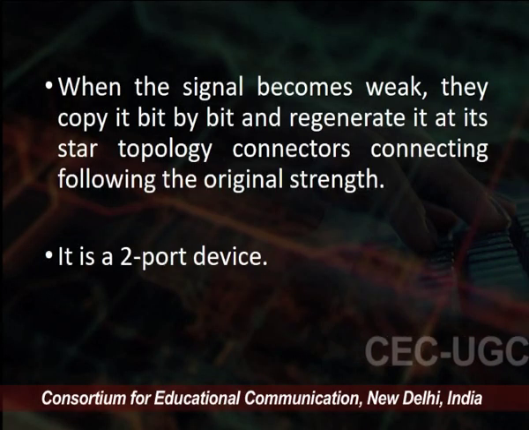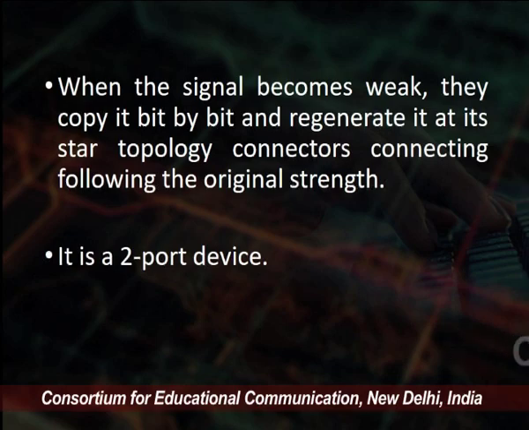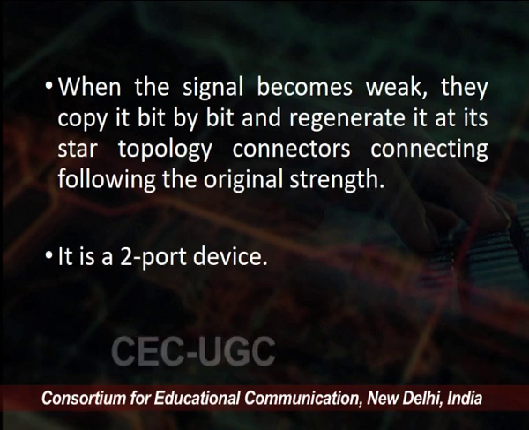These network models operate in different layers, and the lowest layer of any network, where one machine is actually connected to another, is the physical layer. So the repeater operates at the physical layer.